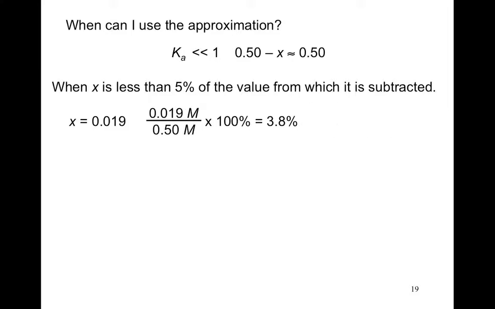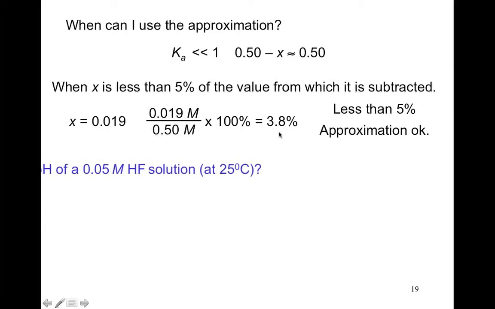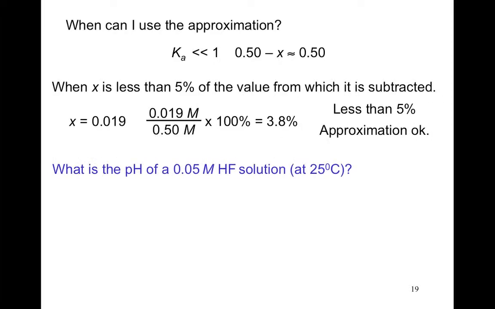So in the last problem we had that it was 0.019, and our initial was 0.5 in the problem given to us. And so we find that it's about 3.8%. And so we can go ahead and drop the x. Less than 5%, you can make the approximation.